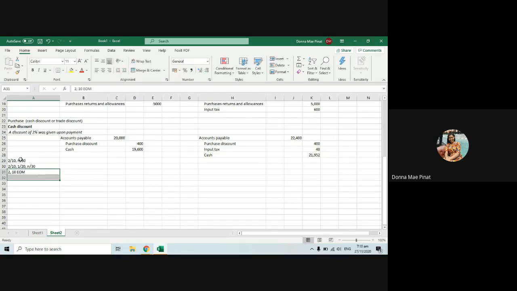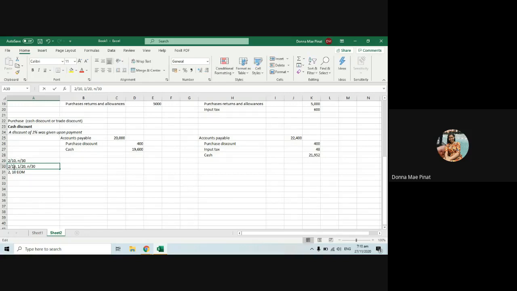So, if it's 2, 10, and 30, that is a 2% discount when paid within 10 days. So if you pay within 10 days from purchase, you get a 2% discount. But after that, from the 11th day until the 30th day, there is no discount.